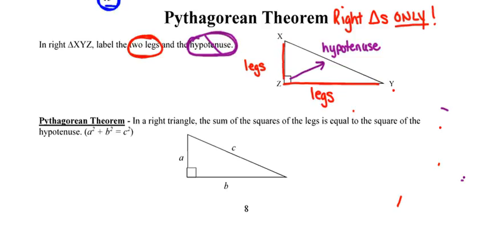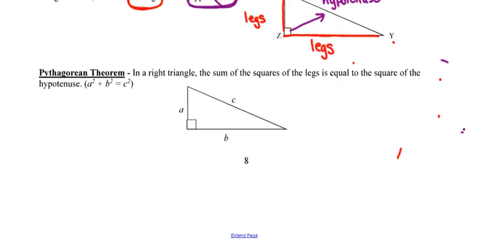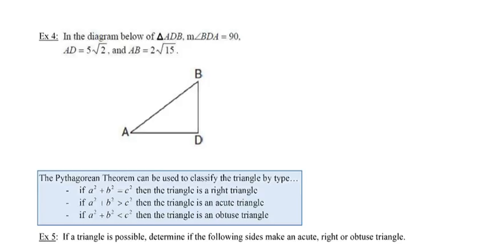Remember that the Pythagorean theorem says that the sum of the squares of the two legs is equal to the square of the hypotenuse. So in other words, the way I like to think about it is a squared plus b squared equals c squared. All right, in the example up at the top of the next page, we're given the diagram of a triangle where the measure of angle BDA is equal to 90 degrees.